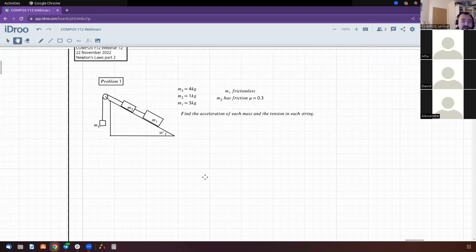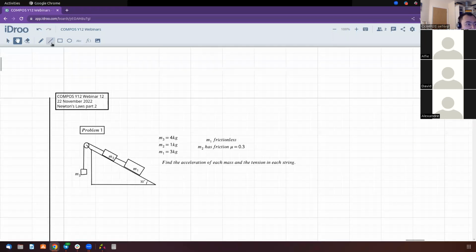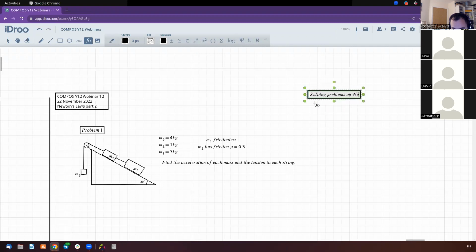The algorithm goes something along the lines of: solving problems on Newton's laws. Step 1, draw a free body diagram for each body.